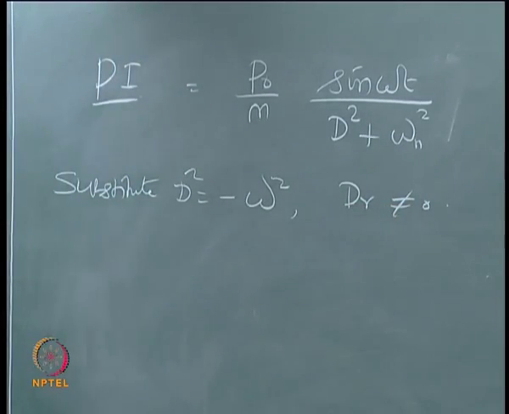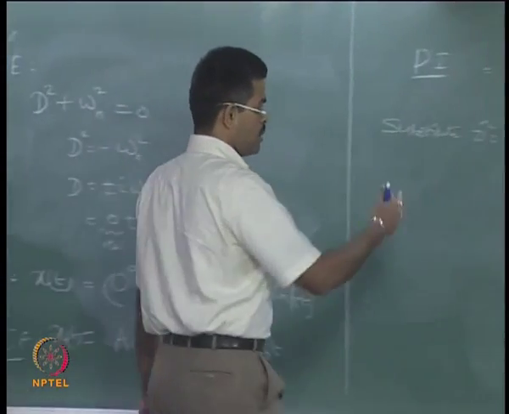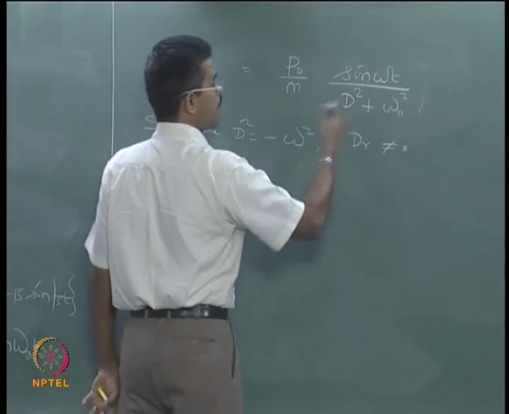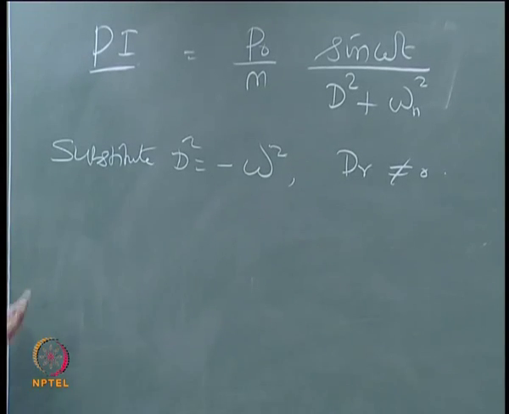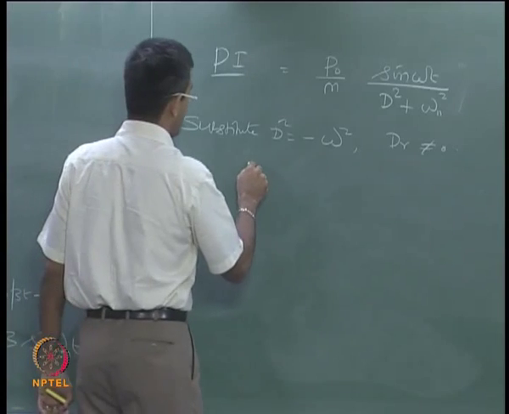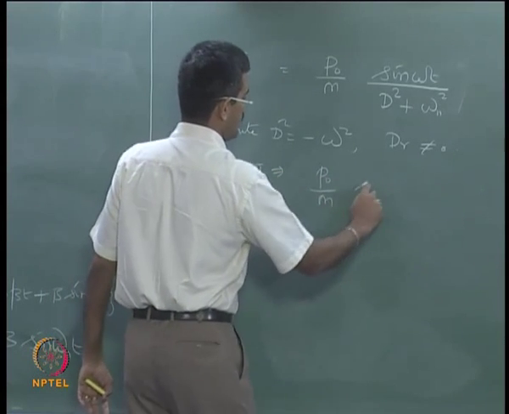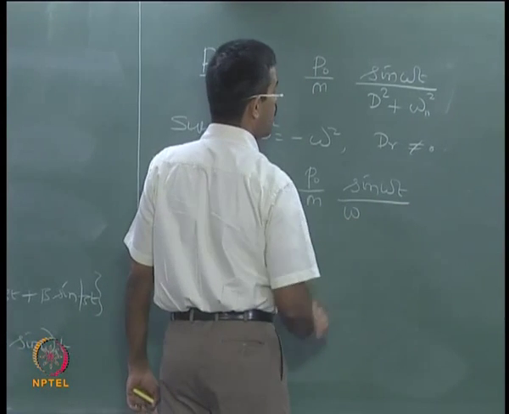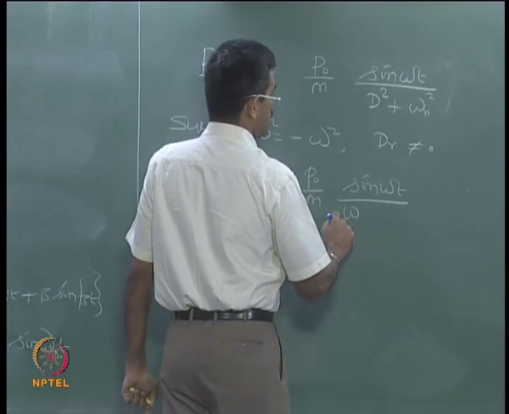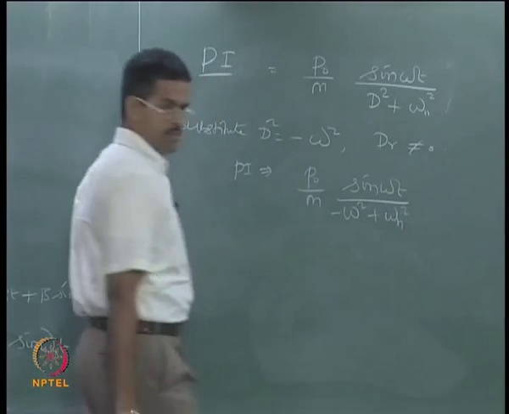If it becomes 0, then the procedure is slightly different. Now anyway, as long as omega and omega n are not equal in the discussion numerically, it will not become 0. So straight away I can say my particular integral is now going to be P naught by m sin omega t by minus omega square plus omega n square.